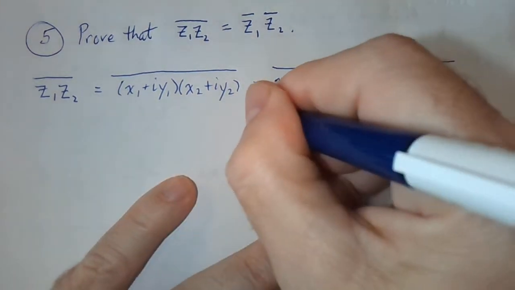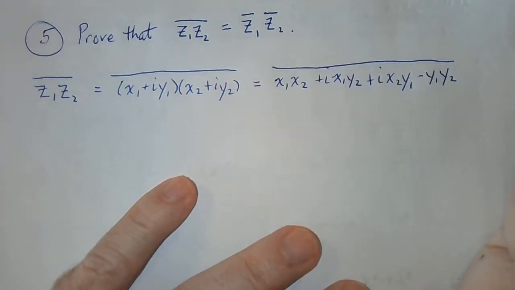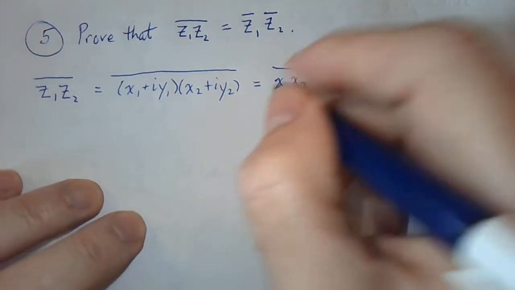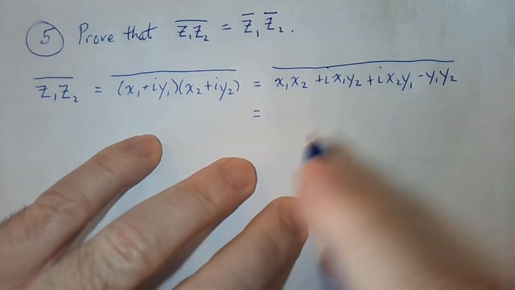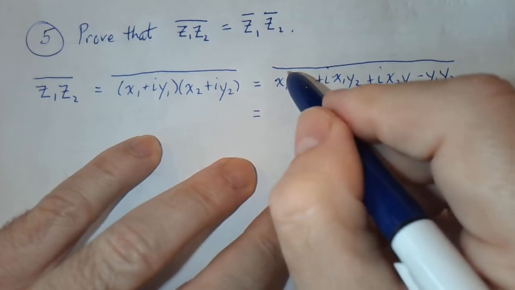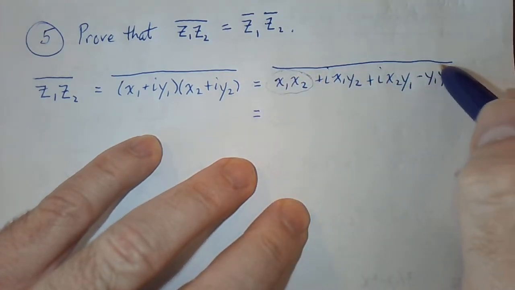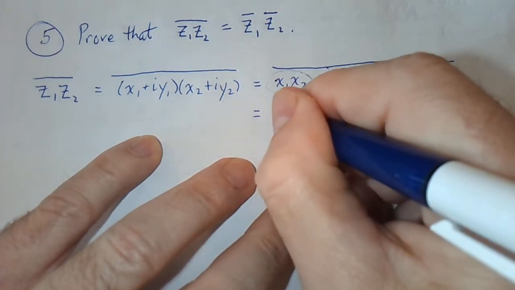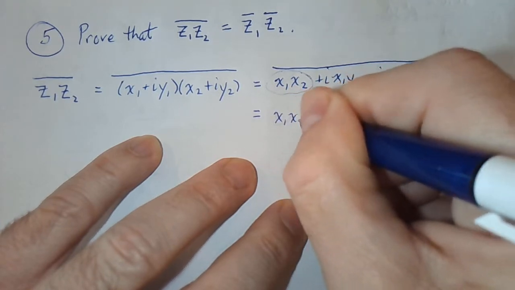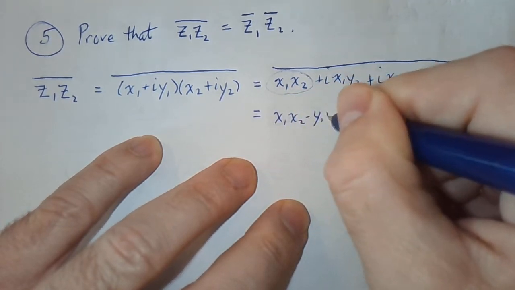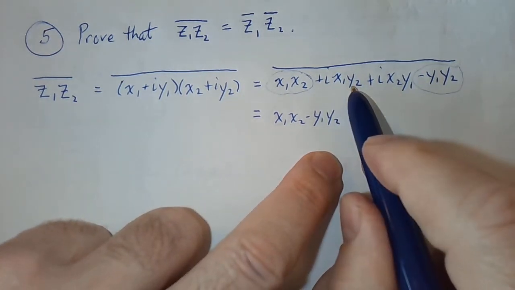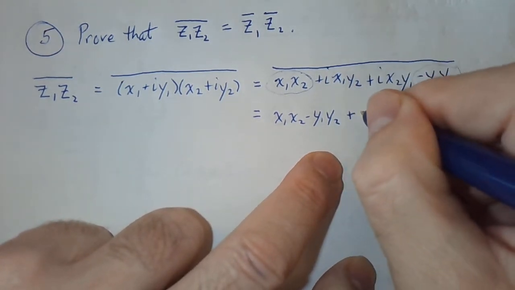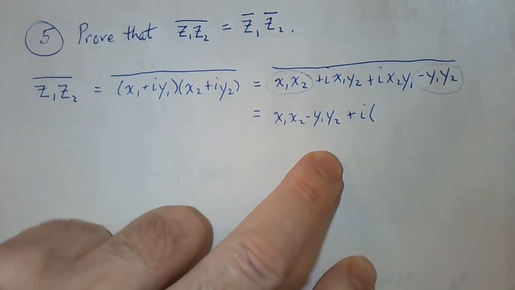All right, so underneath the complex conjugate bar, I'm going to put the real terms together, the ones that have no i. So x1 x2 minus y1 y2. And then put these two terms together since they both have an i, and I'm going to factor out the i.